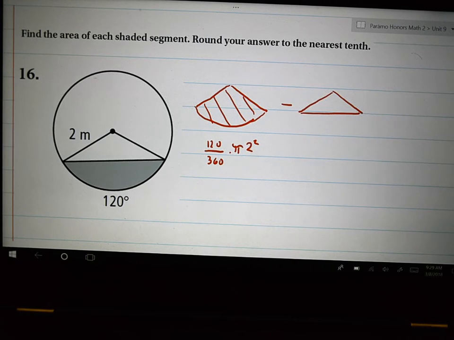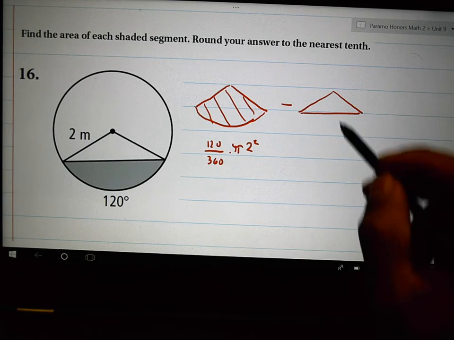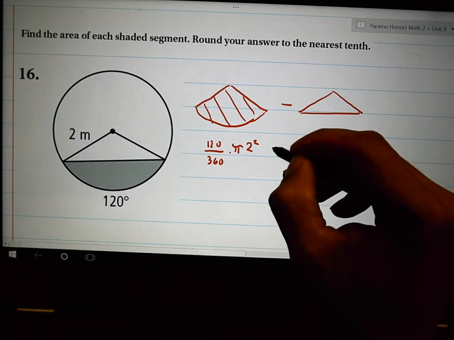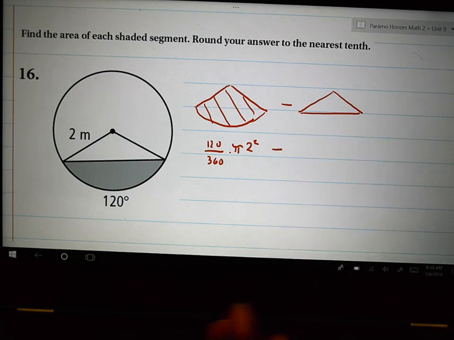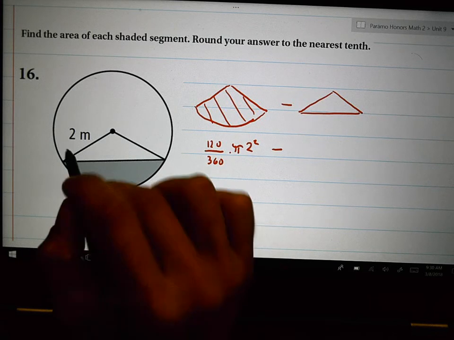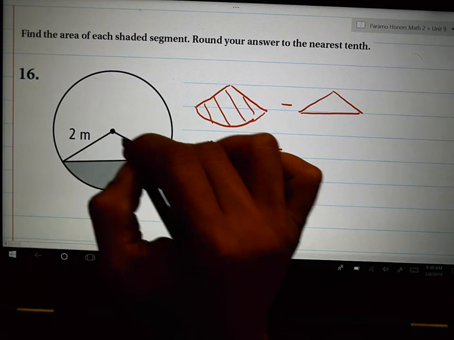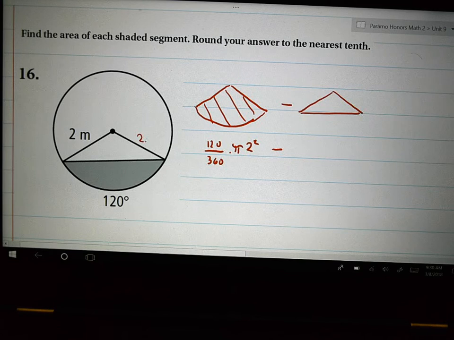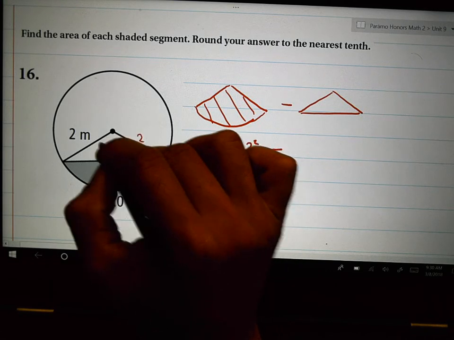So now we have the whole sector. Now I have to figure out what this area of the triangle is, and this is where you're going to use what you learned before. Radius is 2. Guess what this radius is on this side? 2. 120 degrees. Guess what this whole thing is? 120 degrees.